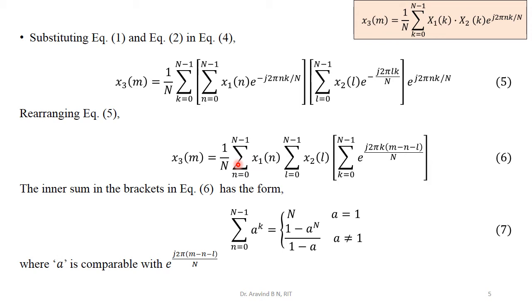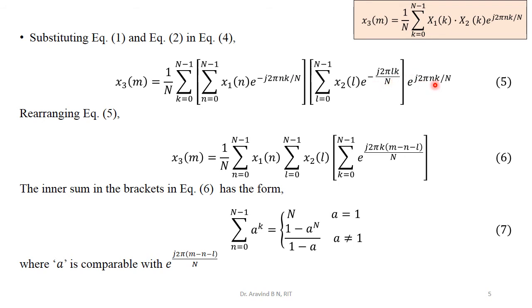You have to keep in mind why we are interchanging the summations. See, the summation along with x1 of n has no terms related to k. Therefore, with respect to k this summation is different, so we can take it outside. Similarly, the summation along with x2 of l has no term related to k, therefore we can take it separately. But this exponential has the term k, this exponential also has the term k, and this one also has the term k.